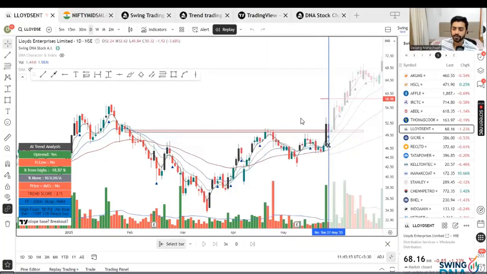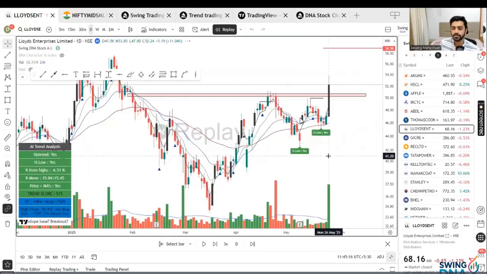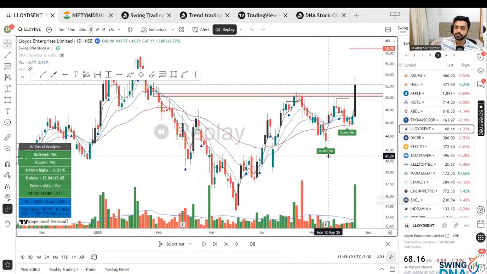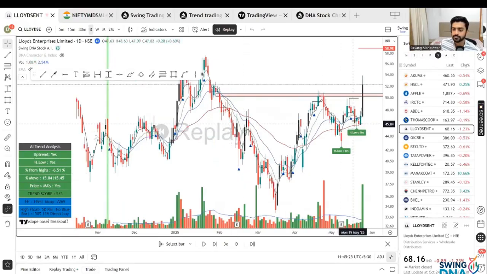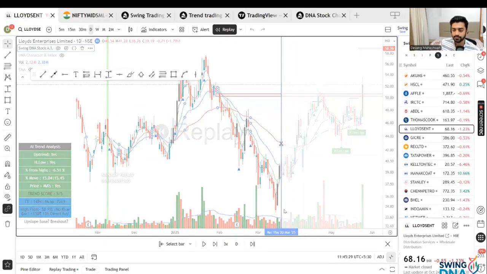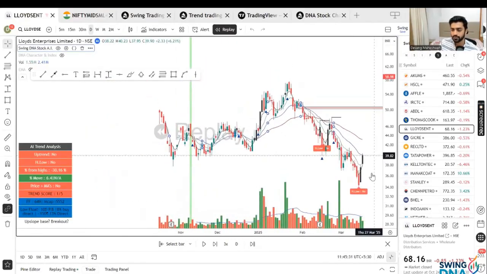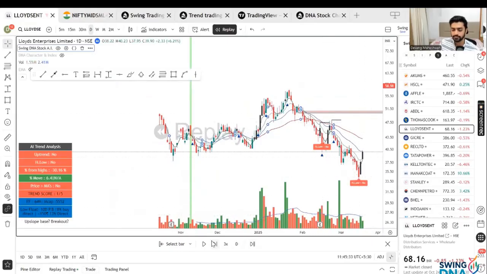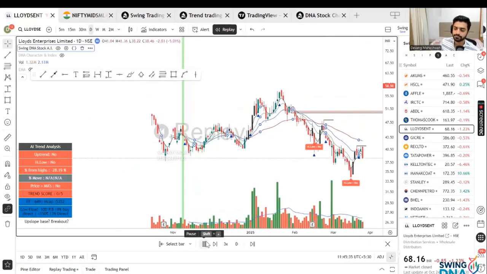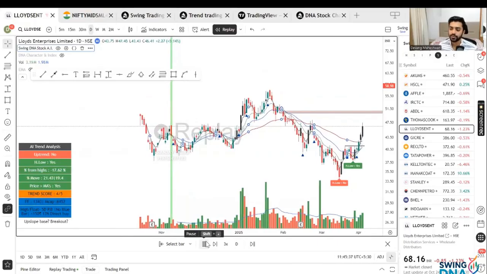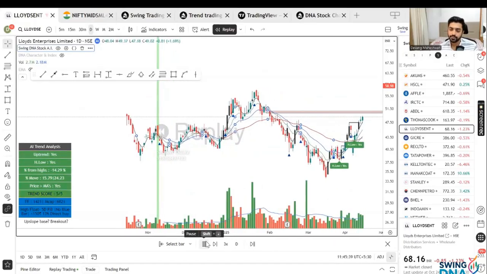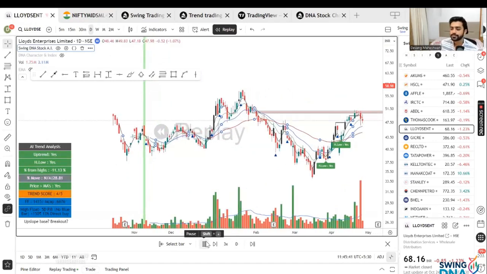So look up here. This is a breakout. This is a clean higher low. Okay. Let's see up here. A lower low simply. It made a higher low here, but moving up, trying to move up.